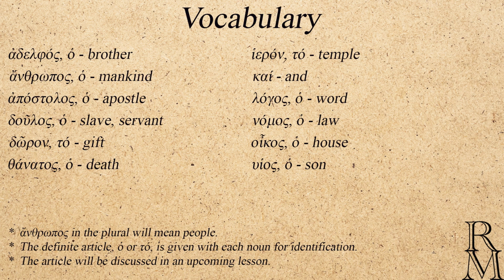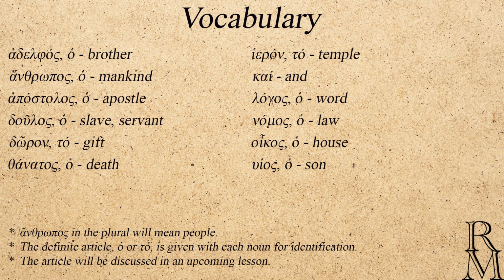So if we take doron, that is going to be your lexical form. And we know that by looking there that that is gift. And we would simply translate it as gift. But if you wanted to say of a gift, you would drop off that omicron nu and you would add on the omicron upsilon instead. And what you would get would be dorou, and it would be of a gift.